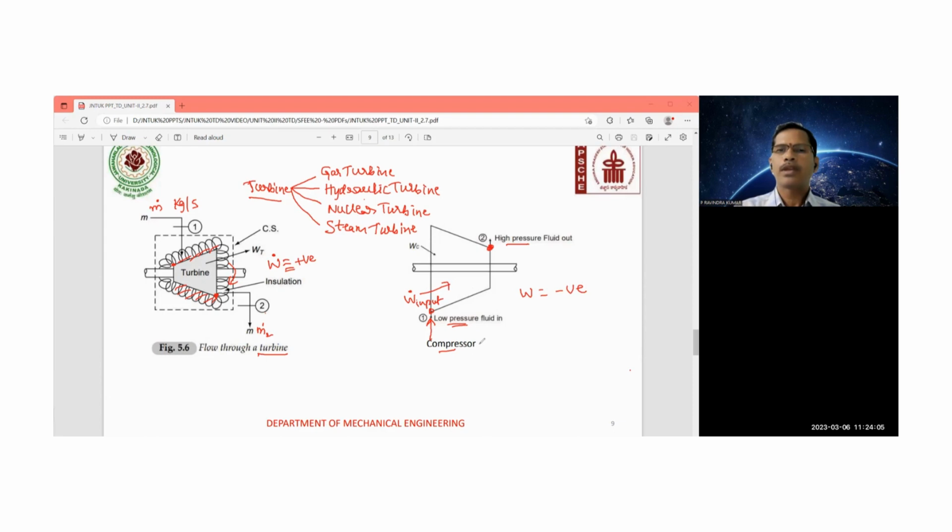Even in the compressor, there is the reciprocating compressor, and another one is the rotary compressor.